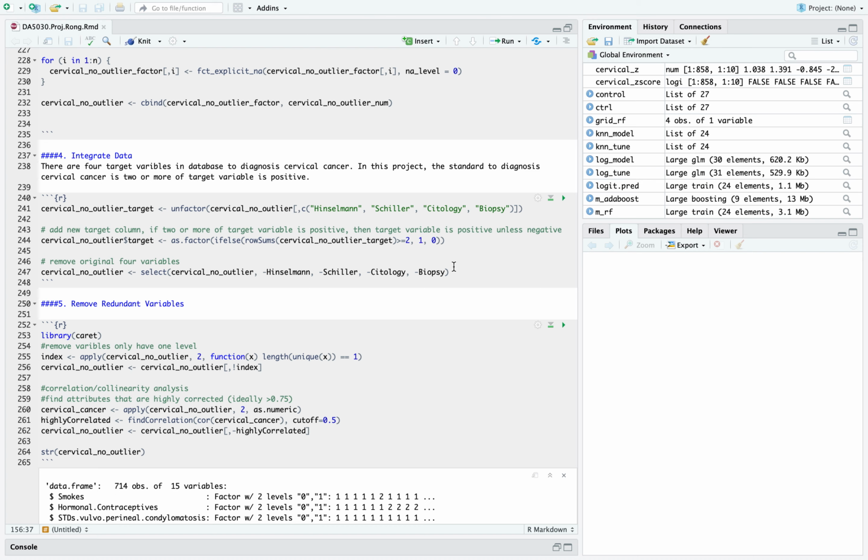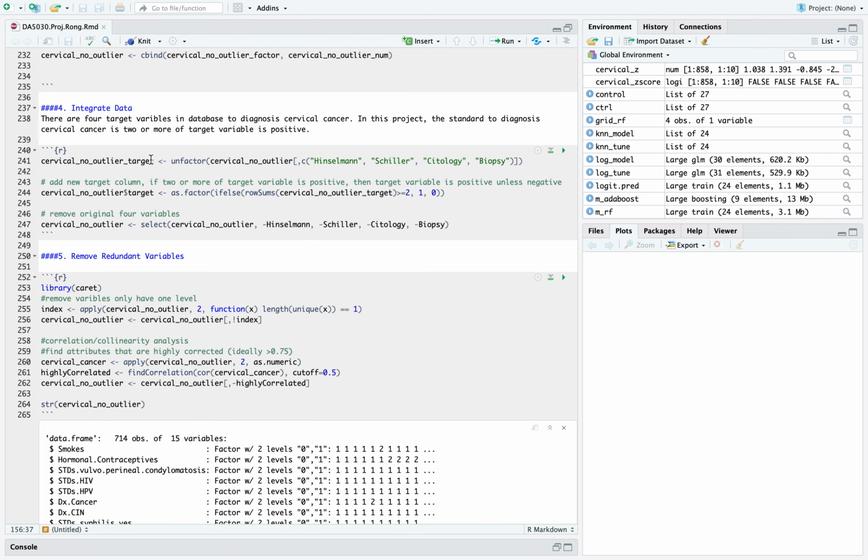There are four target variables in my dataset, so in order to make this project easier, I made a rule: if two or more of the target variables are positive, then the target is positive, otherwise negative.